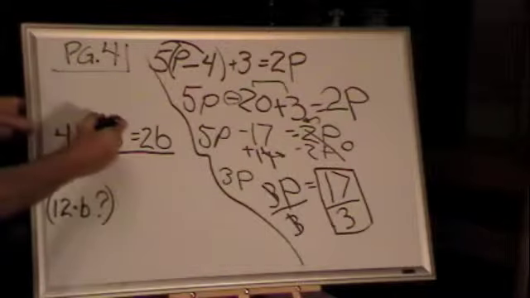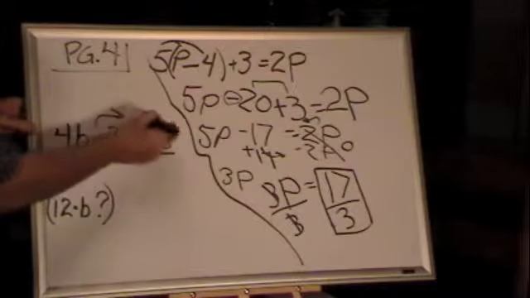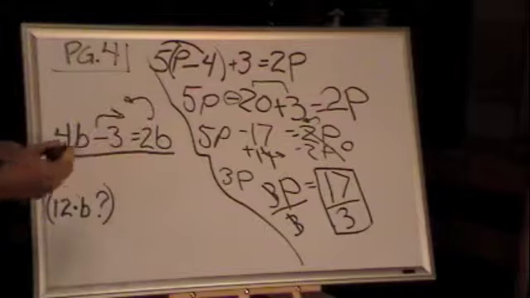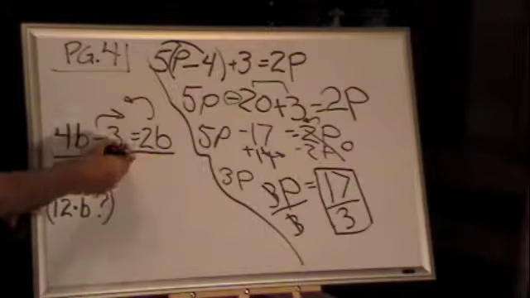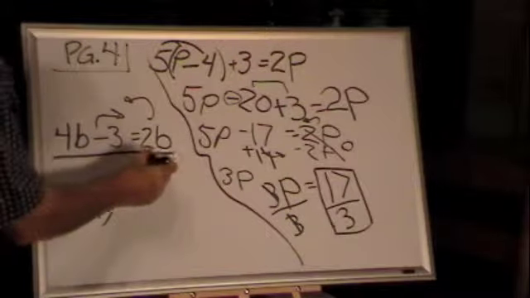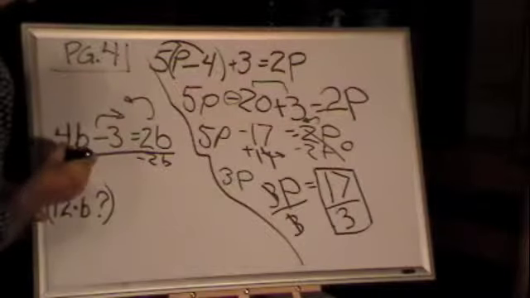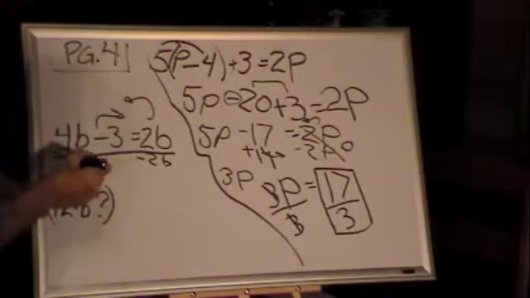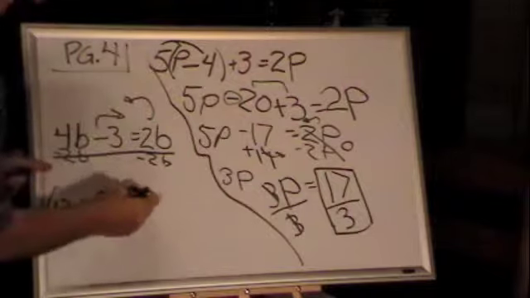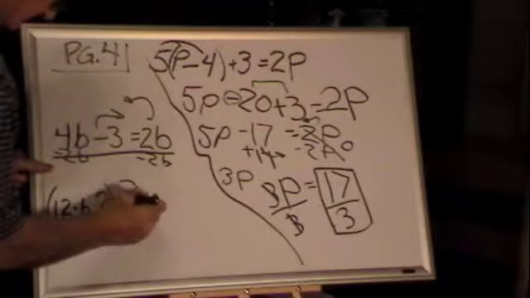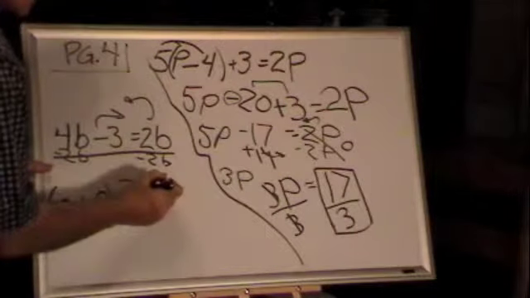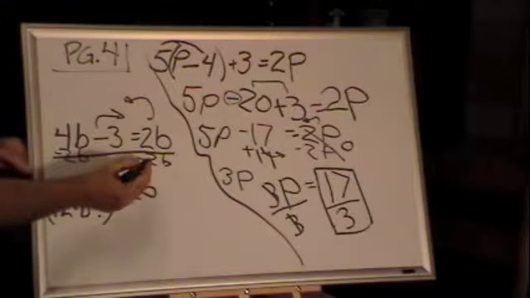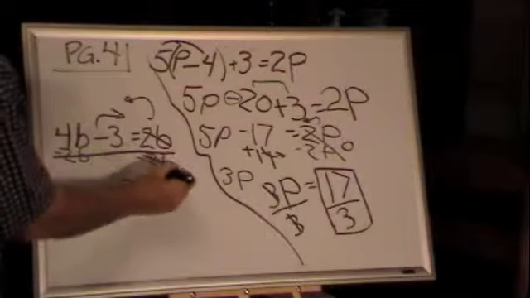What do you move? Yep, the 3 goes there, the 2b goes over here. Subtract the 2b from each side, minus 2b, minus 2b. That's messy. You know what it is. 2b. Now, that cancels.